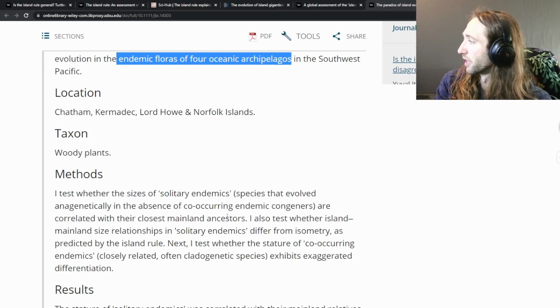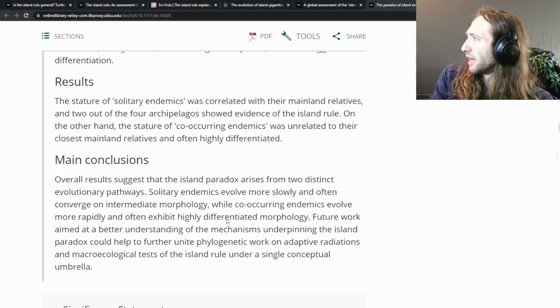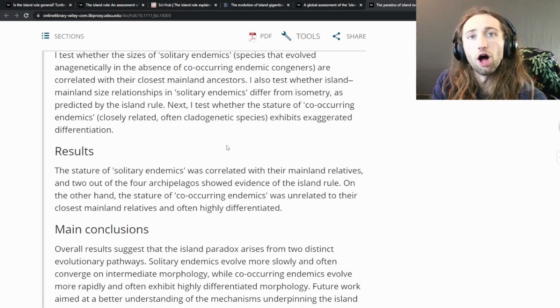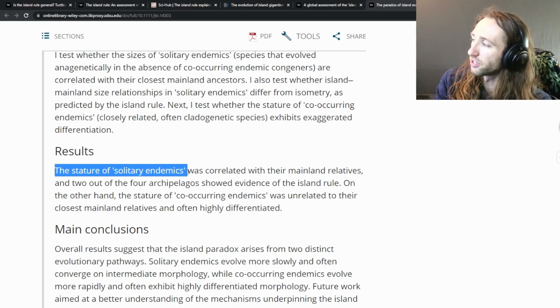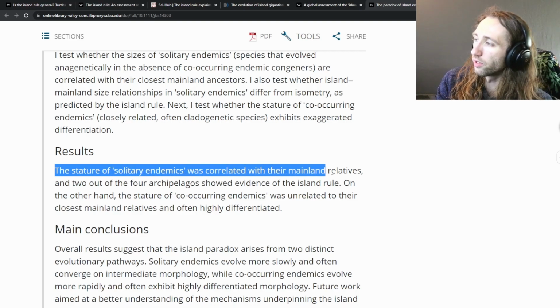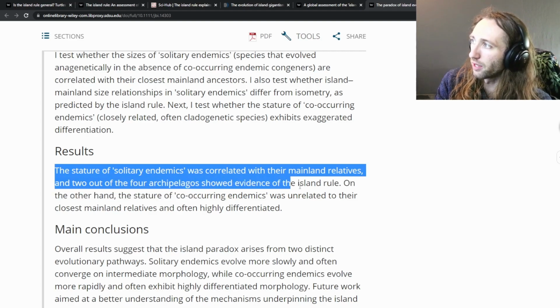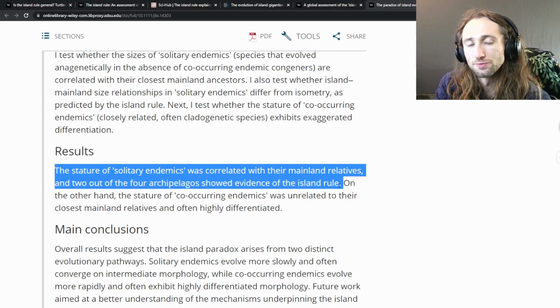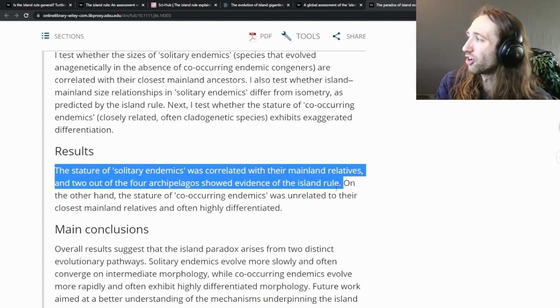So they looked at it in plants. Ultimately, what they found was that the stature of solitary endemics were correlated with their mainland relatives, and 2 out of the 4 archipelagos showed evidence of the island rule. So again, about a coin toss, about a 50-50 shot.